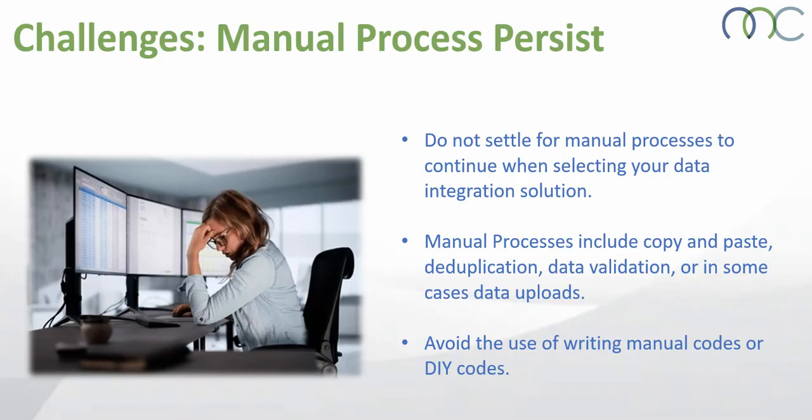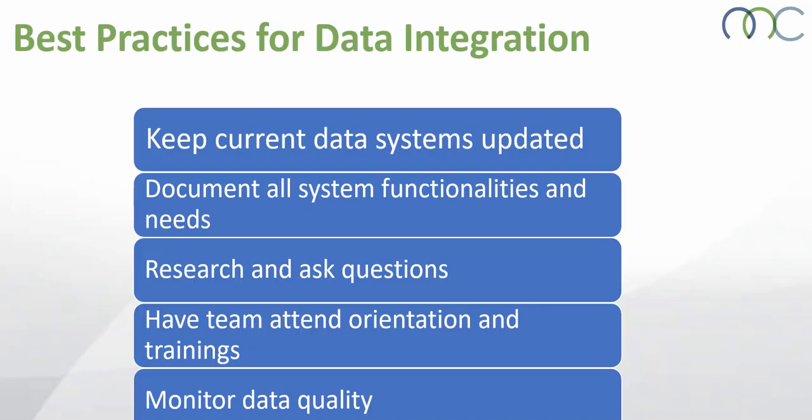I know we talked a lot about challenges, but now we're going to talk about some happier news and how to avoid that, and best practices for implementing our new data integration system, whatever that may be. Like we said, you want to keep your original systems updated, making sure that what you put in is what you'll get out. That's the key. Document all of your system functionalities and needs.